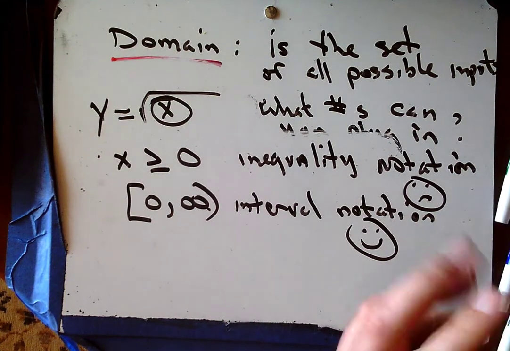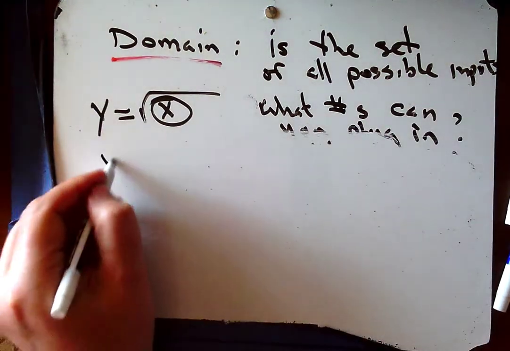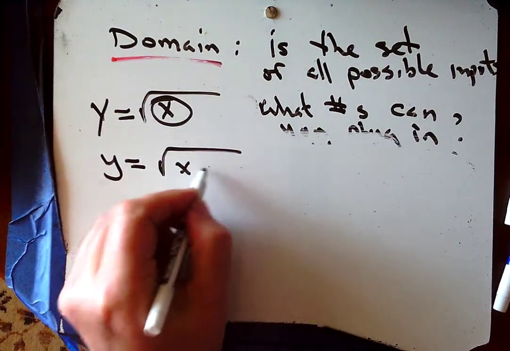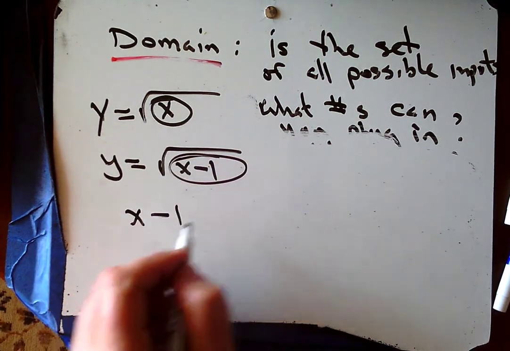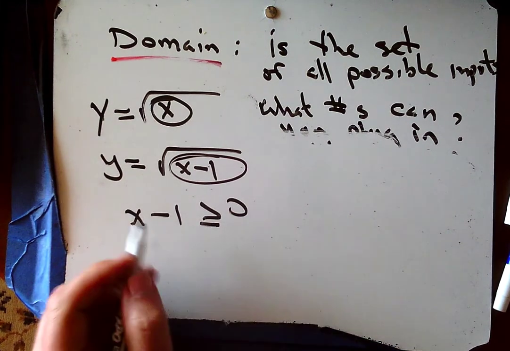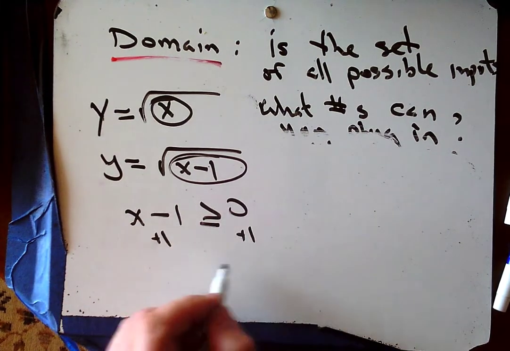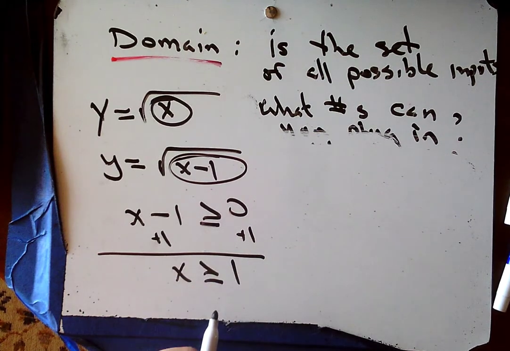Okay, now, what if we have something like y equals square root of x minus 1? Well, I'm going to use that same idea of taking x minus 1 and setting it greater than or equal to 0. I'll add 1 to both sides, and I'll see x is greater than or equal to positive 1.